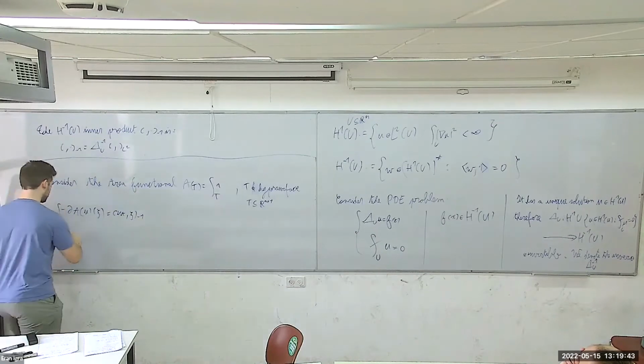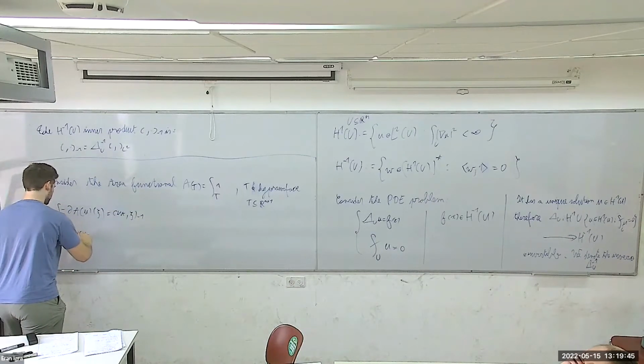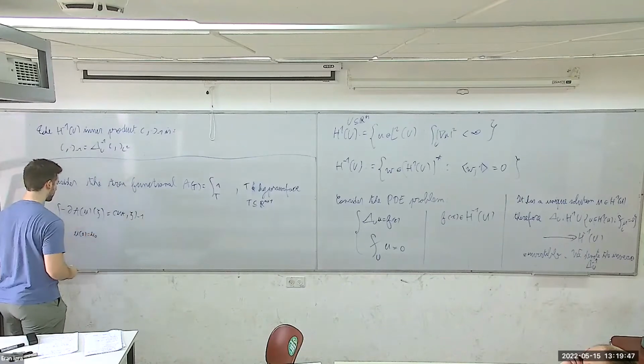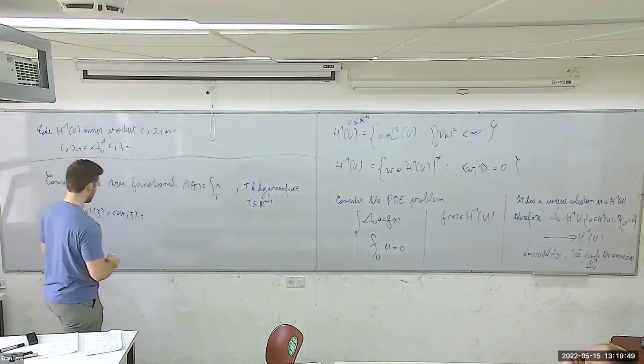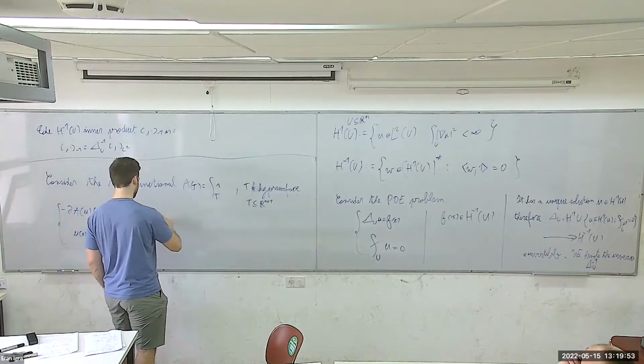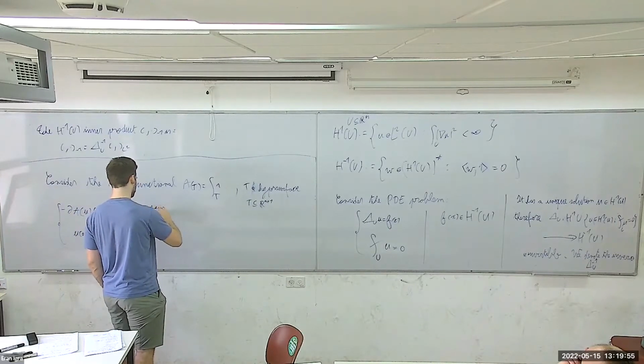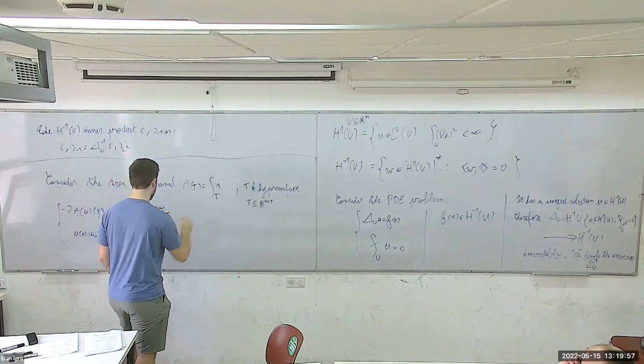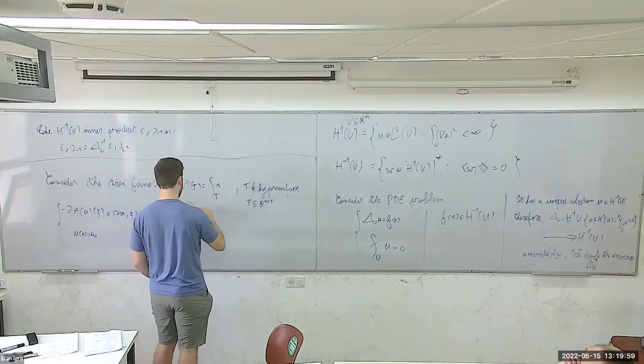We give it the initial condition, U of 0 equal to U0. And we can show, I'm not going to do it now, that it is equal to surface diffusion.